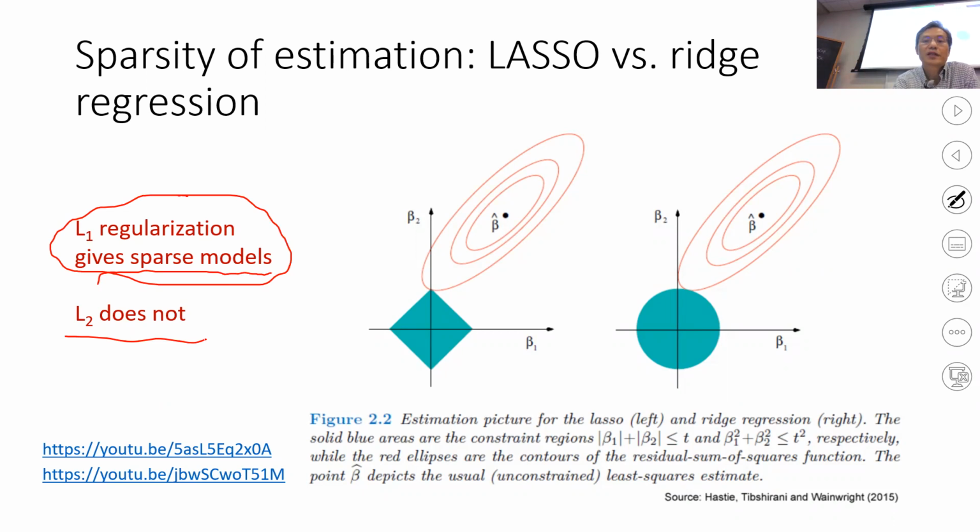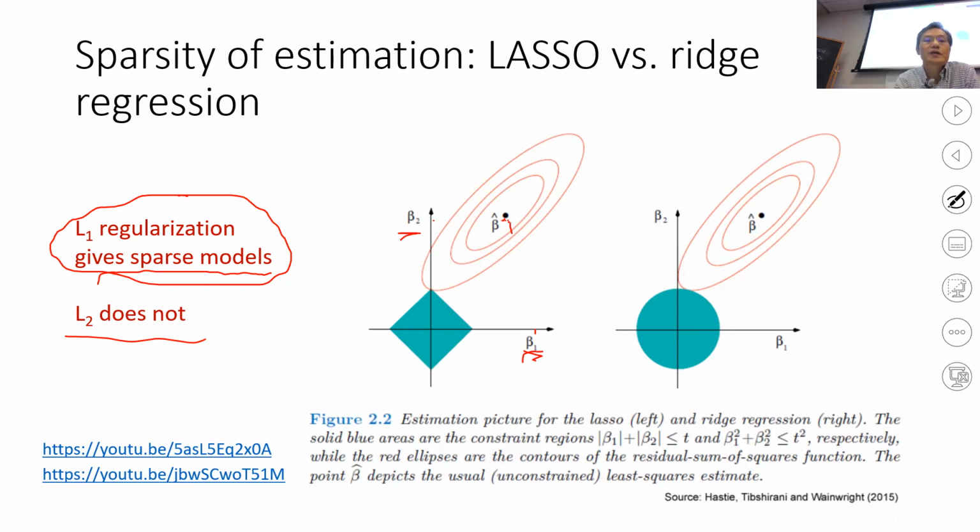If you have combinations of parameters, for example two parameters, beta 1 and beta 2, and then your best solution here, both beta 1 and beta 2 will contribute to that. In that case, both of them have some values.